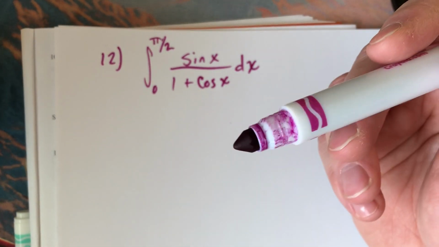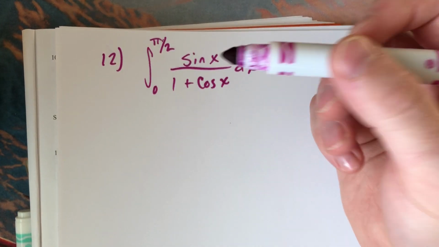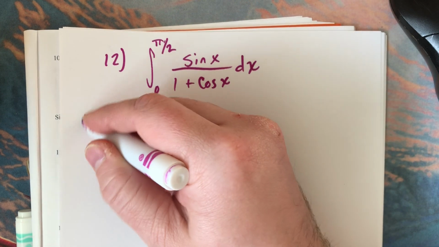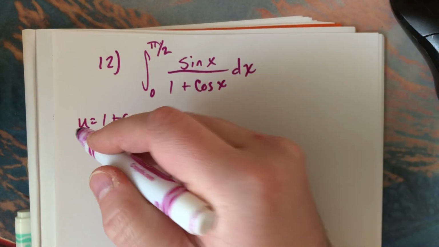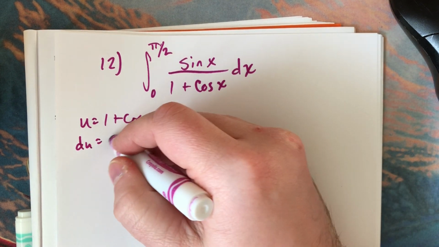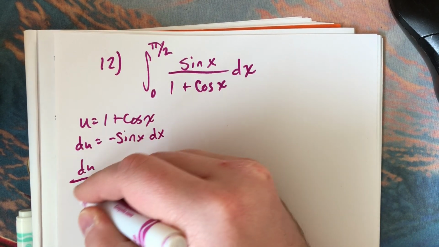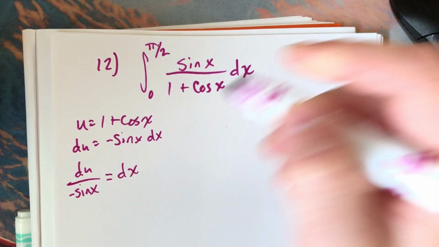So in this one, again, it starts to become formulaic. The bottom, we take the derivative of the bottom, the 1 goes away. So that means u is going to be 1 plus cosine. Our du is going to be negative sine dx. So du over negative sine dx is equal to dx.